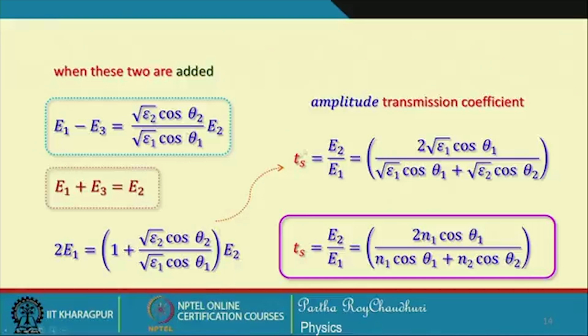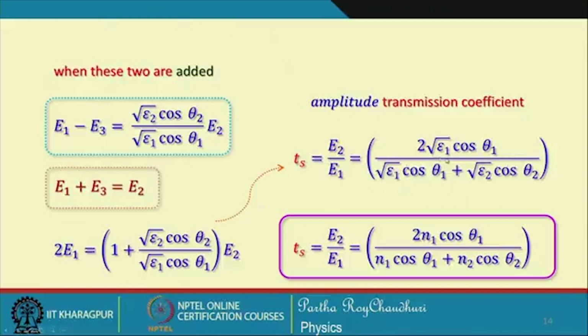Therefore, from here we can write E2 by E1 is equal to twice the square root of epsilon 1 cosine theta 1 by square root of epsilon 1 cosine theta 1 plus epsilon 2 cosine theta 2. So, in this form we can arrive at the ratio of the electric field amplitudes of the refracted to the incident wave. So, Ts, that is the amplitude transmission coefficient, can be written in this form.